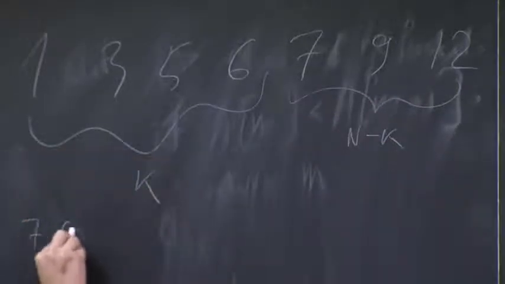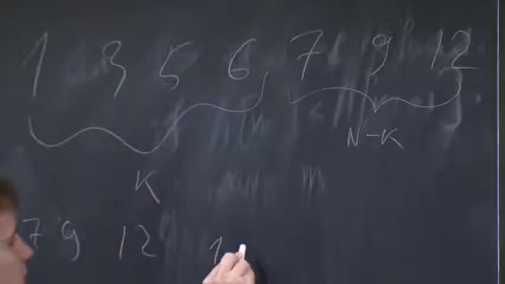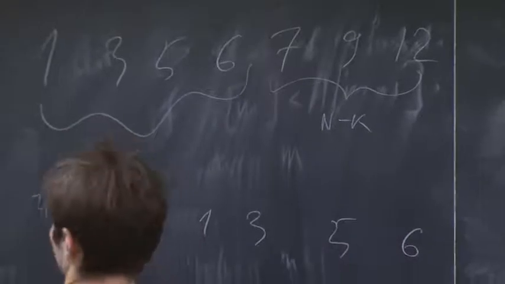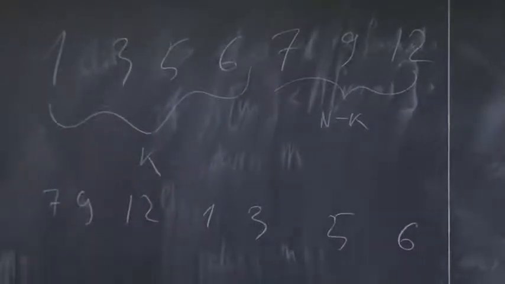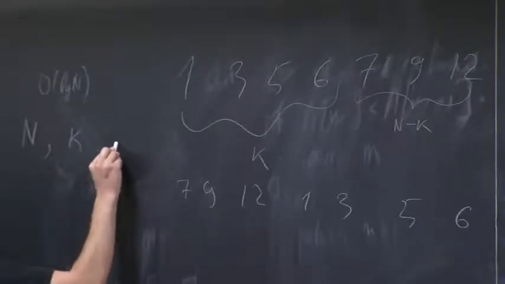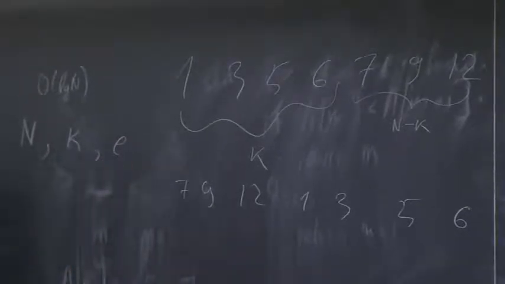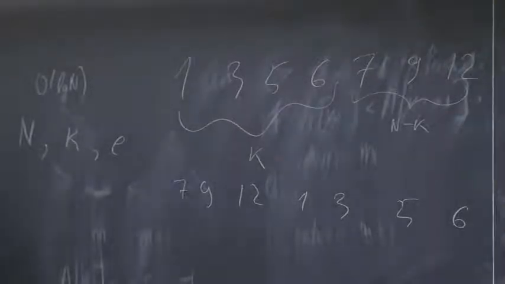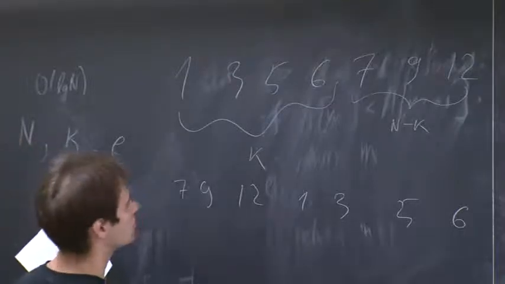So 7, 9, 12, 1, 3, 5, 6. So still n elements, the array is shifted by some number k, and I want to find one number in the array. I don't know k, by the way. We just know that it's a shifted array. This is 12.